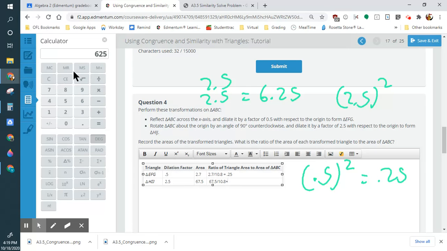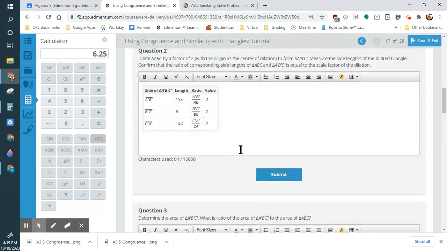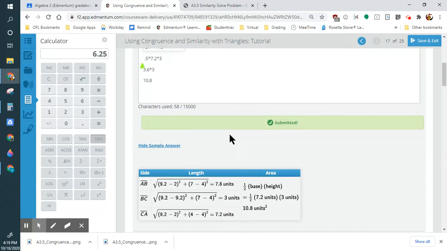So clear this out. I was clicking like a million times because I'm never sure if it does it. And we get 6.25, which is what I predicted. I keep forgetting to hit the submit button on these.